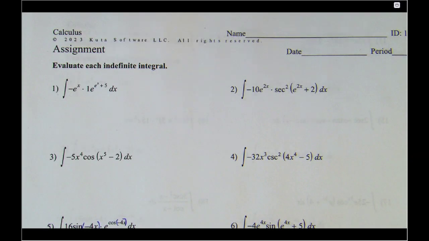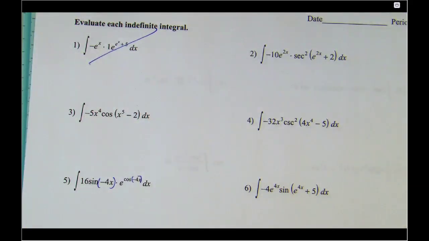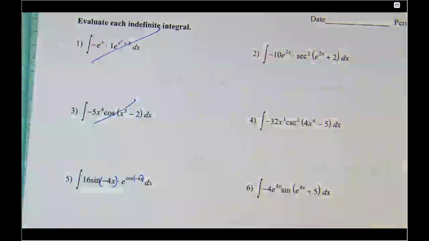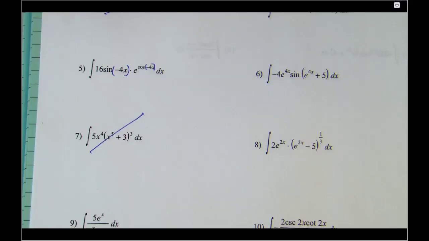Everybody can cross off number 1. And number 3. And numbers 6 through 18. You can cross off 7. You can cross off 12.